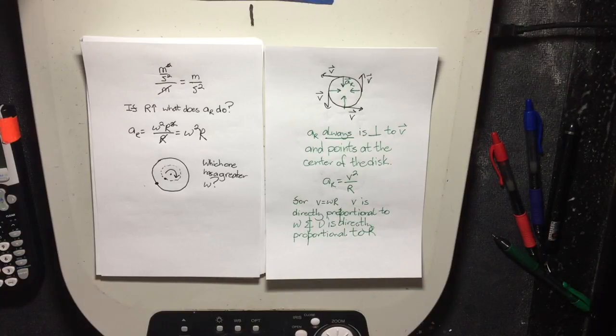The one on the inside, its omega is 2 pi divided by 5 seconds as well. Remember that when we're talking about angular velocity, we're not talking about linear velocity, we're talking about arc. Both in one rotation make 2 pi radians of arc.